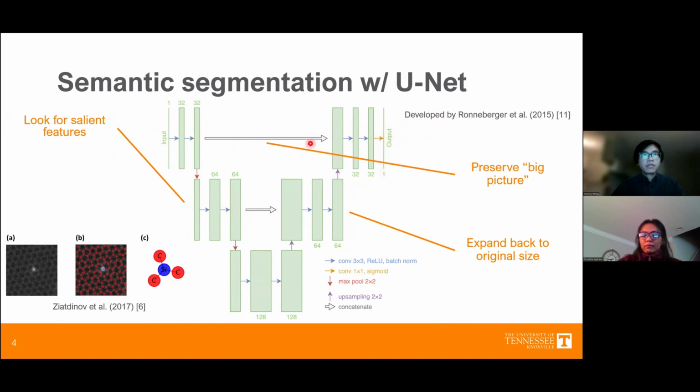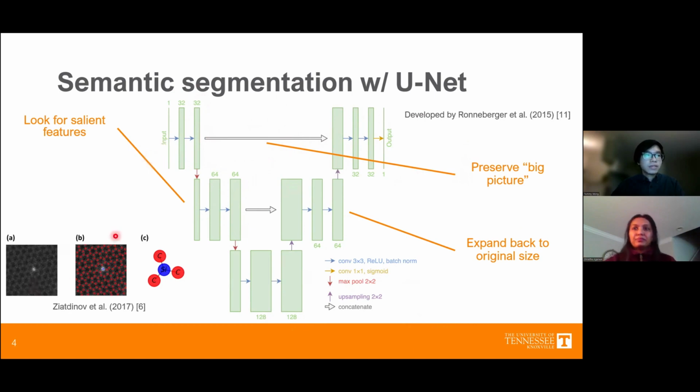Another important feature of UNet structures is these skip connections. So these skip connections bypass the deeper layers of the encoder into the decoder block. And so these skip connections preserve the big picture of the input data.